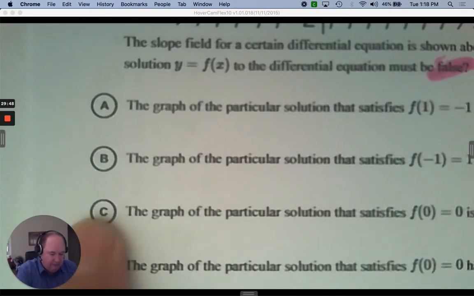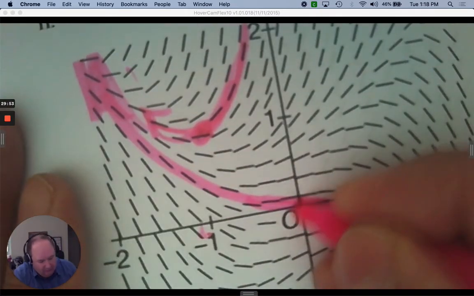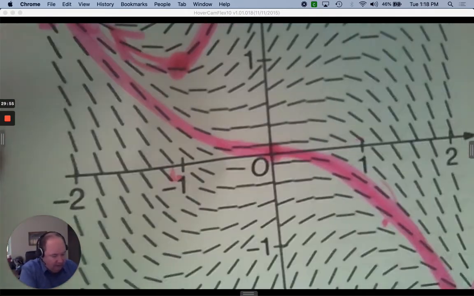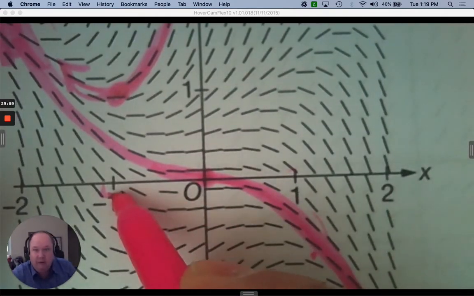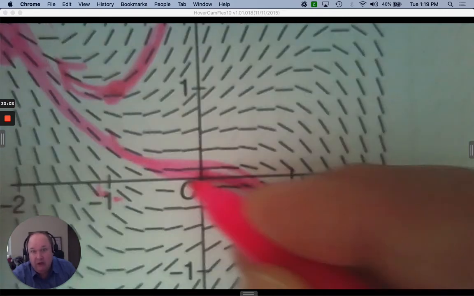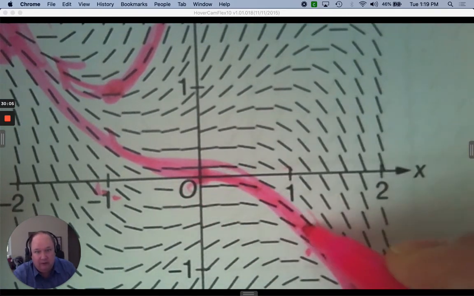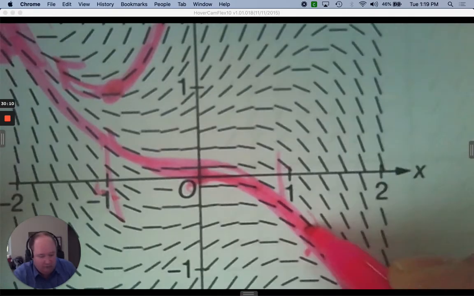Okay, how about C? The graph of the particular solution goes through 0, 0. Well, I kind of went right through 0, 0. It is concave up from -1 to +1. So from -1 to +1, is this concave up all the way through? No, because this part's concave down. So from -1 to +1, there's a part that's concave down.